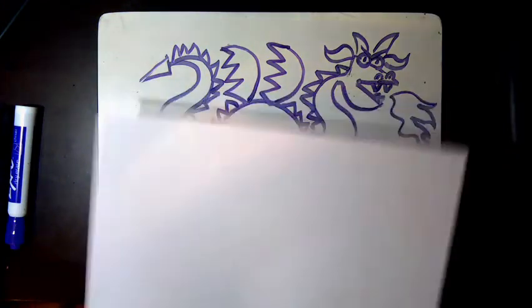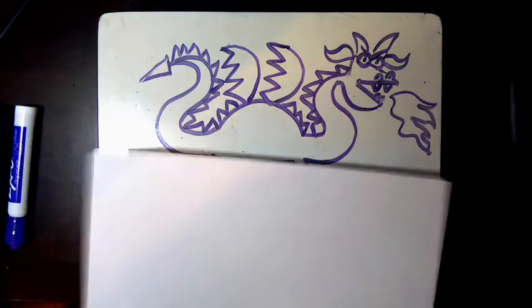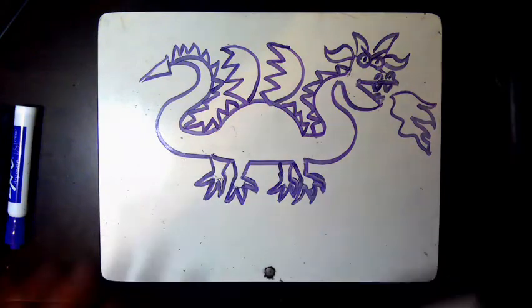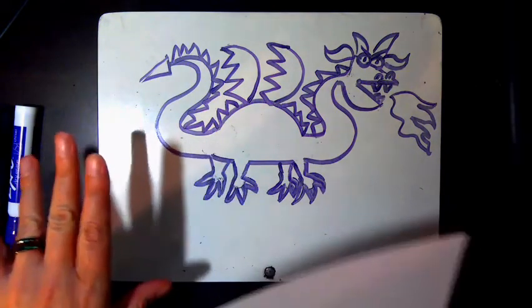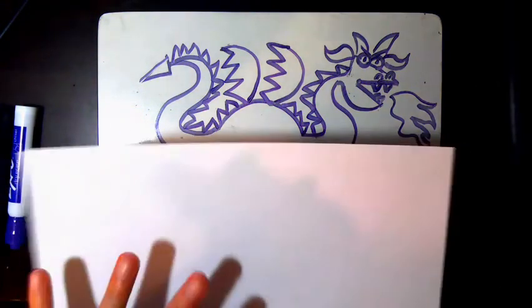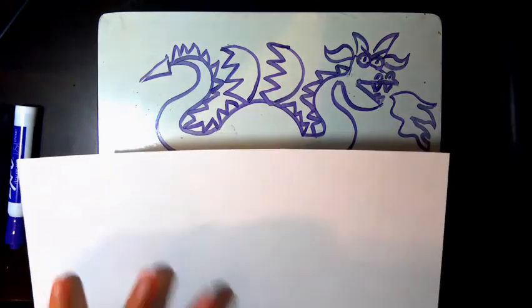Okay, I did a pretty good job on my whiteboard, but now the real fun begins. Now that I've had a little chance to practice, I can know what I may want to change the next time when I do it on my paper, what kinds of things I might want to add. Remember, I'm also going to be adding color. Today, I'm going to be using a combination of crayons and markers, mixed together, but you may use whatever coloring materials you have at home, or you can just leave it pencil.